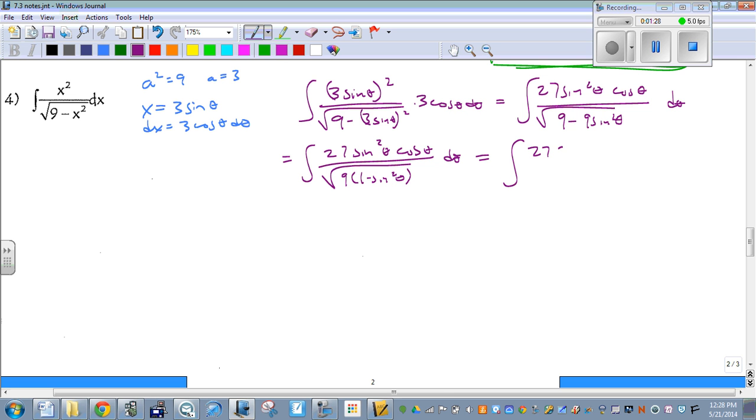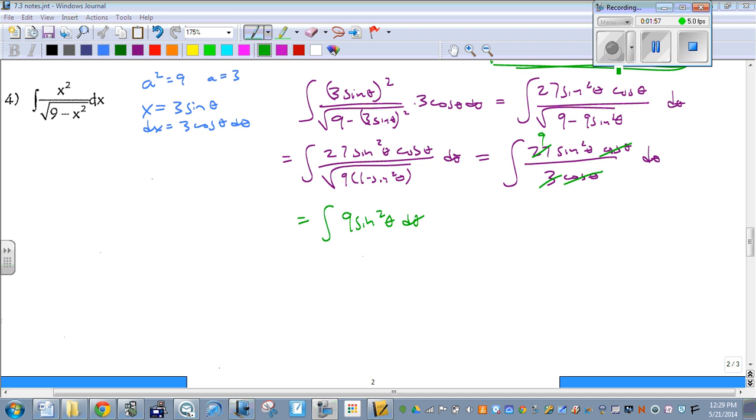So we have 27 sine squared of theta cosine of theta, all over 3 times, remember this is cosine squared, so I'm just going to skip a step there, and the square root of cosine squared is just cosine of theta. So our cosine of thetas cancel out. 3 cancels with the 27, which reduces to 9. So we're left with the antiderivative of 9 sine squared of theta d theta.